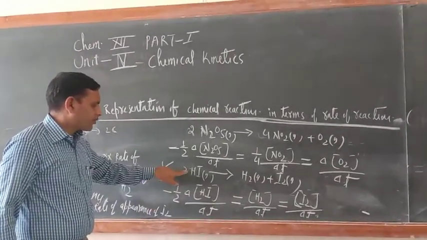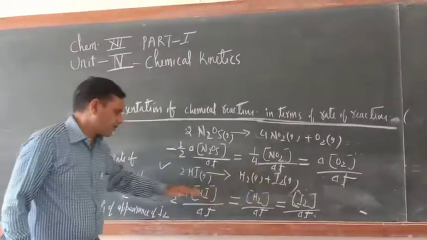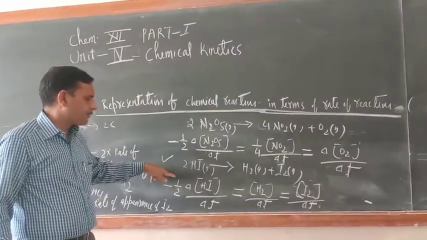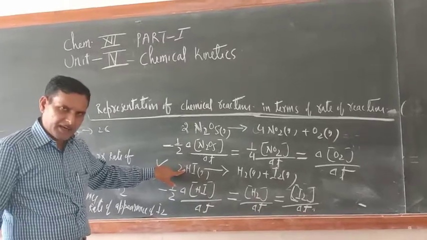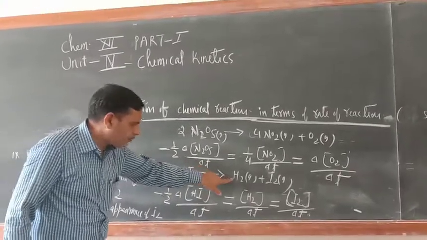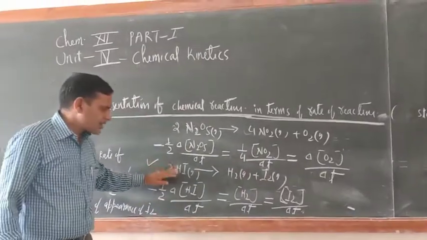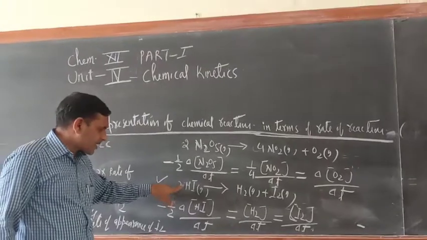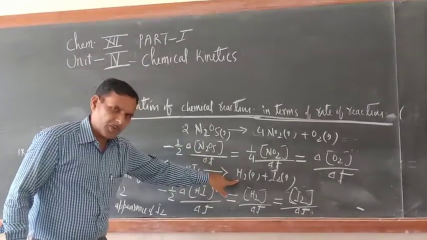Here 2HI is there, and 1 mole each of H2 and I2 is formed, so while representing, it should be written as half. Means 2HI decompose and form 1 mole of H2 and 1 mole of I2. With respect to H2, its half mole is responsible for H2 formation.